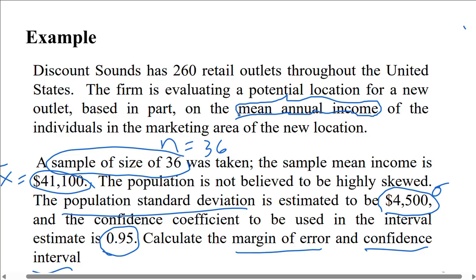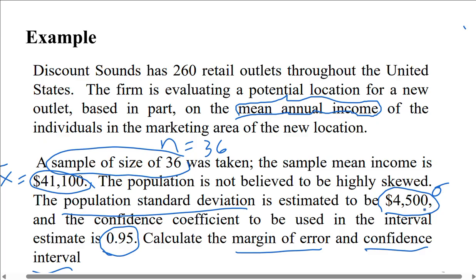And so what did they do? Discount Sounds took a sample of size 36, so n, which is our sample size, is 36. The sample mean income is 41,100. That is our sample average. The population is not believed to be highly skewed, so we believe the population follows a normal distribution. The population standard deviation is estimated to be $4,500.